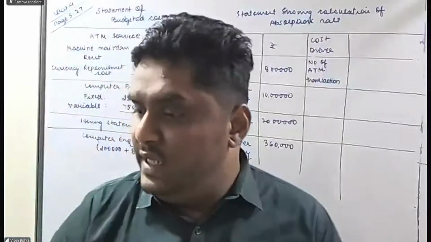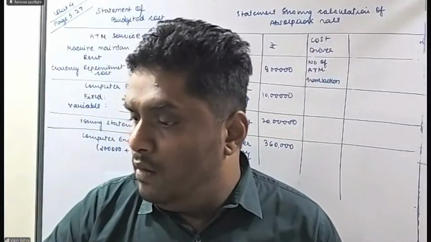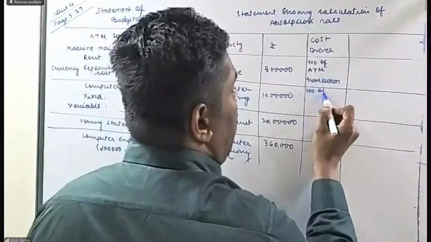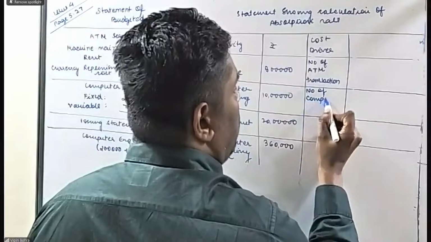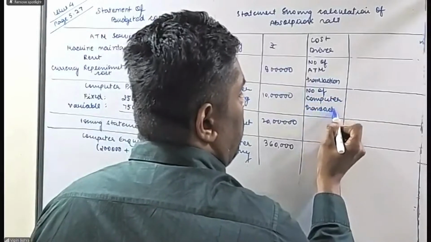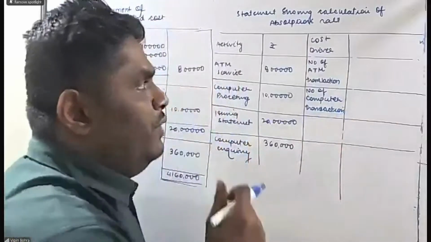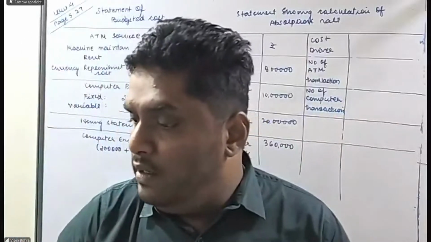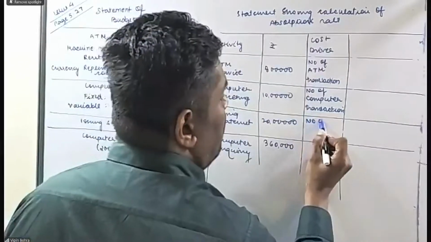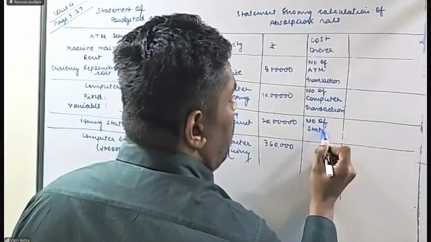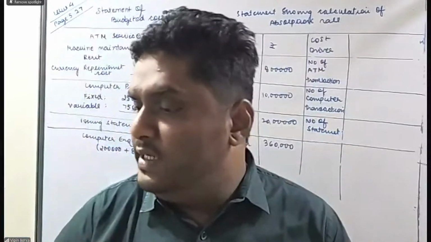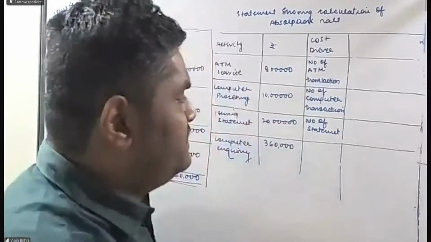For computer processing, number of computer transaction. For issuing statement, again, number of statement. For computer inquiries, again, it is on the basis of telephone minutes.